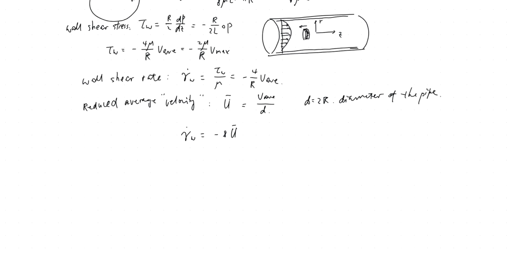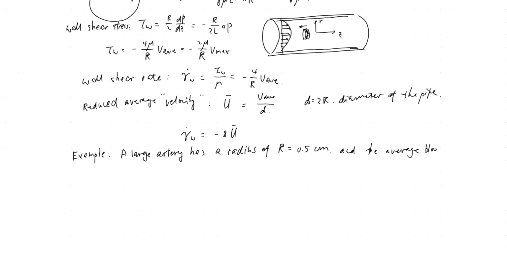Let's look at an example. A large artery has a radius of r equal to 0.5 centimeter, and the average blood velocity is equal to 40 centimeter per second.